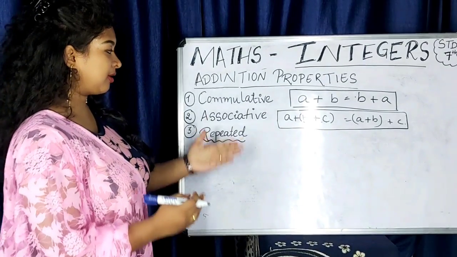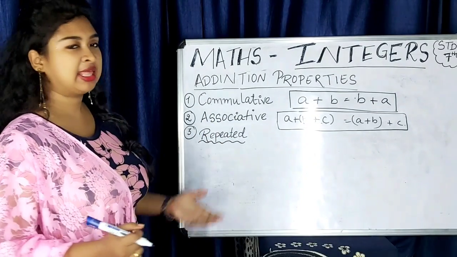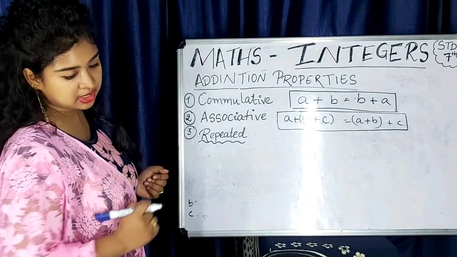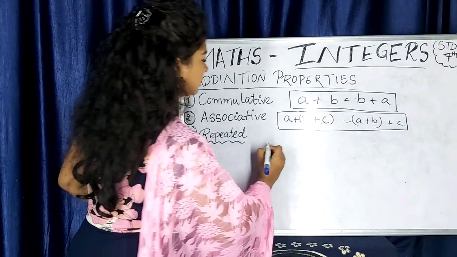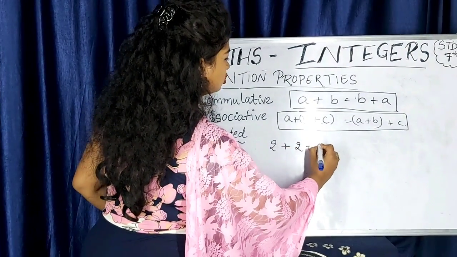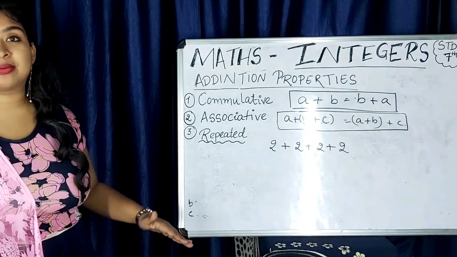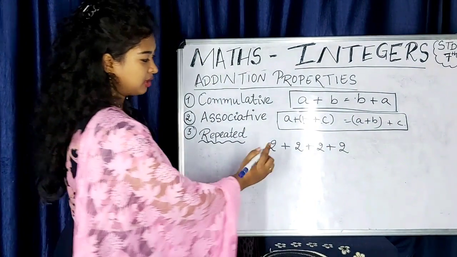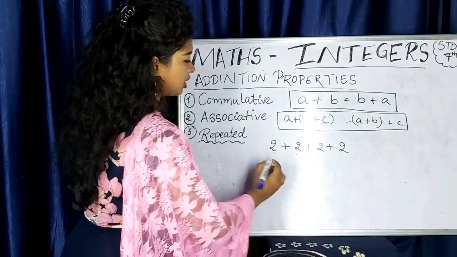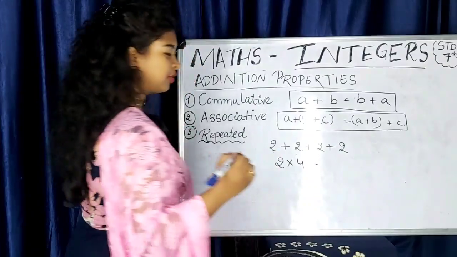So the third property we have in addition is repeated addition. For example, I am adding 2 plus 2 plus 2 plus 2. So I'm adding the same number. How many times? I'm adding it 1, 2, 3 and 4 times. So we can get the answer by 2 multiplied by 4.